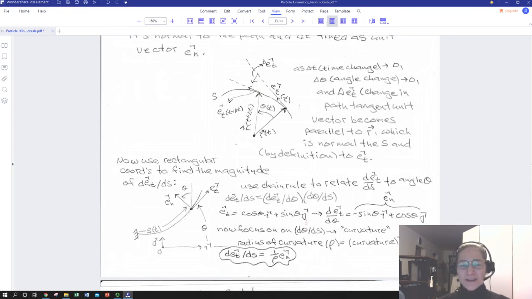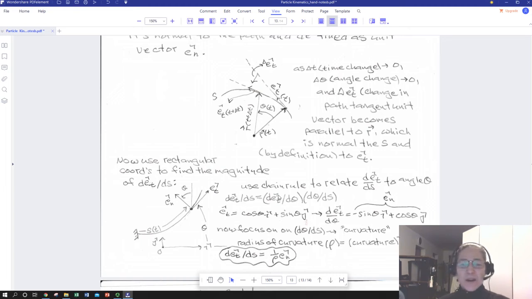Why are we doing this? Because we have to get a little bit more information about what this normal vector is. Because our path is changing, we can't always define this in terms of, say, a circular radius. Hint, hint: we're going to get an ever-changing radius.